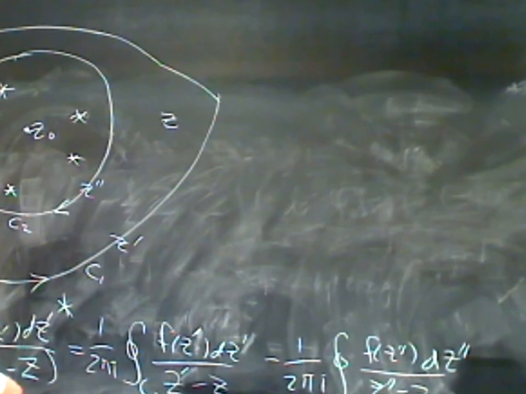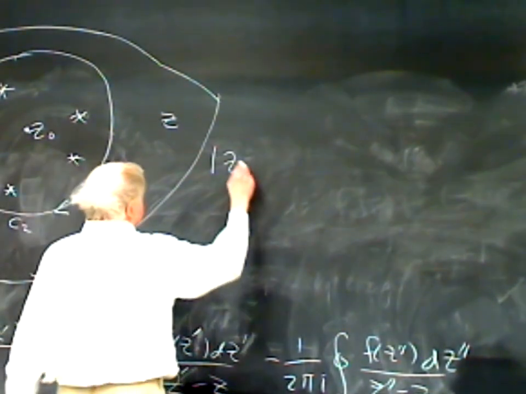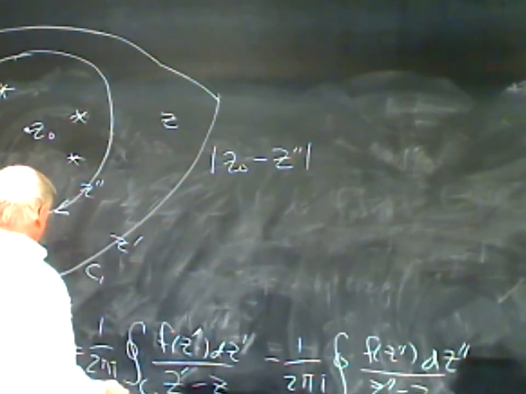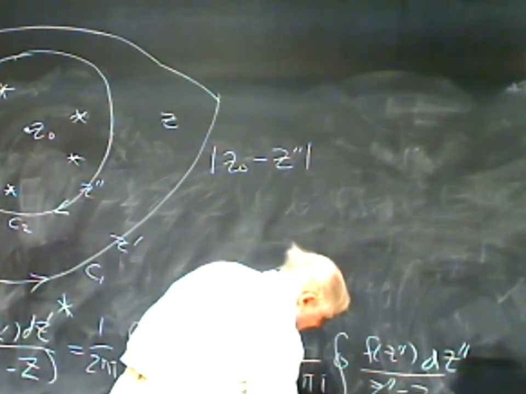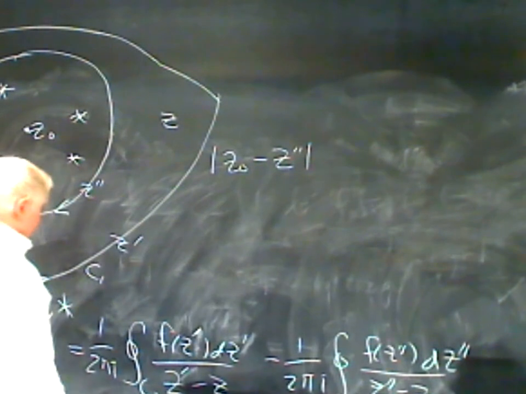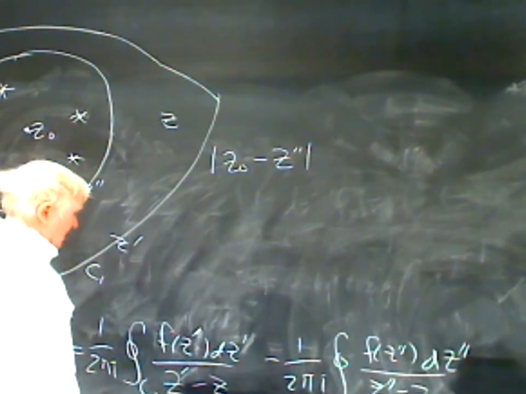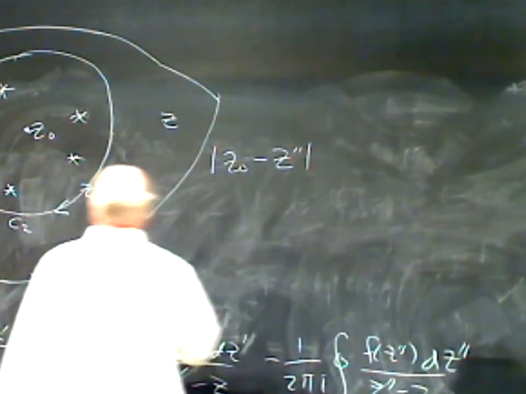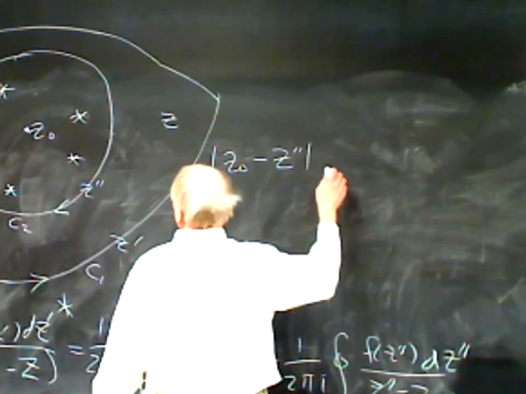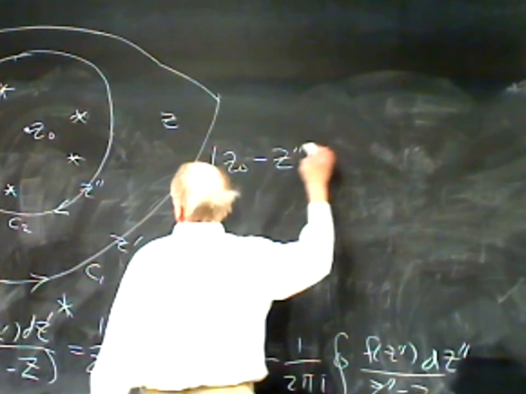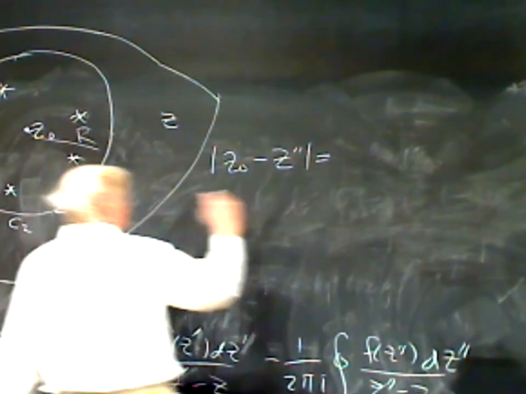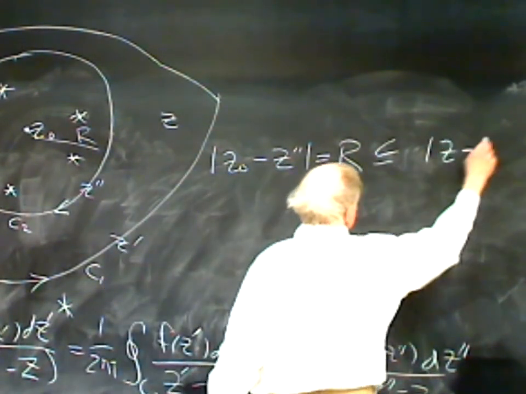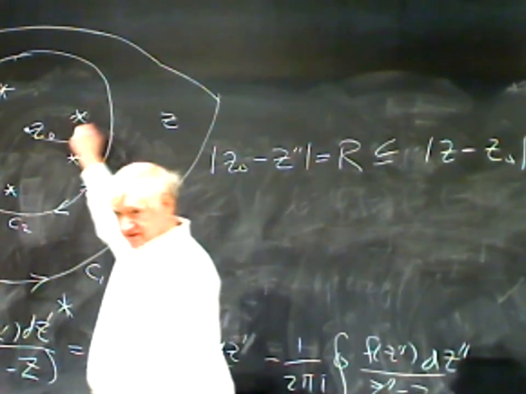Well, what's clear is that the magnitude of Z0 minus any point Z double prime on C2, which is in here, is equal to the radius of this circle, say R, and that's less than or equal to the magnitude of Z minus Z0, because Z is outside of that circle.